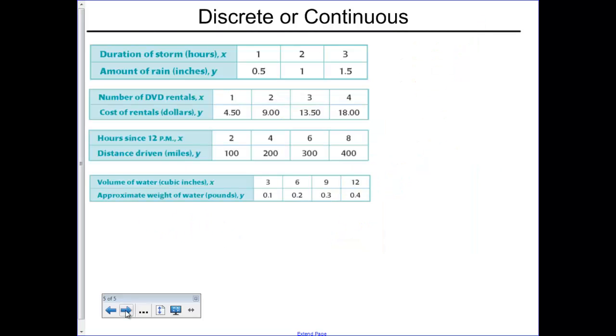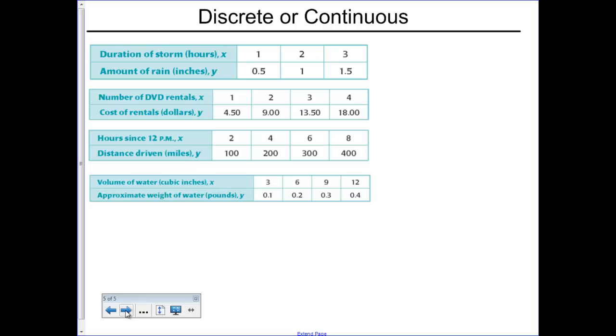A couple of tables here, and we're going to ask if each is discrete or continuous. We just really have to interpret what the data is telling us. So if we look at the first table, we have the duration of a storm, which is x measured in hours, and the amount of rain in inches, which is our y value. Now we know that storms don't last only 1 hour or 2 hours or 3 hours.